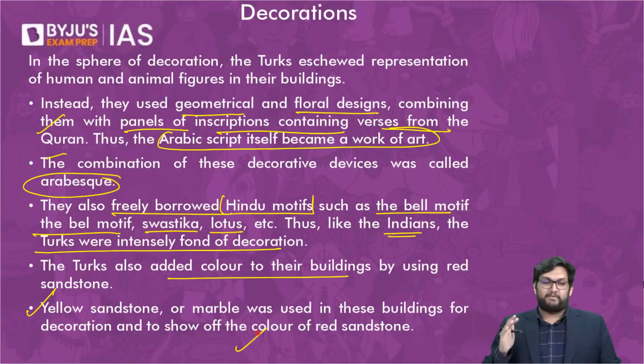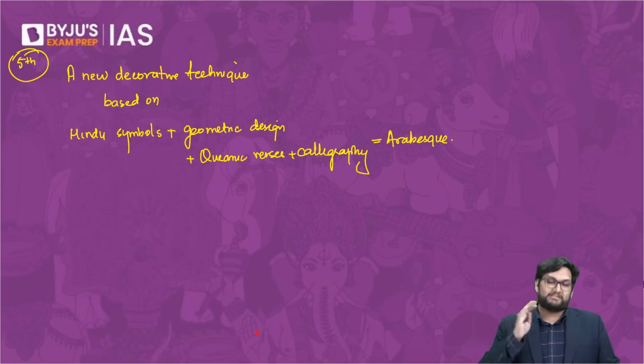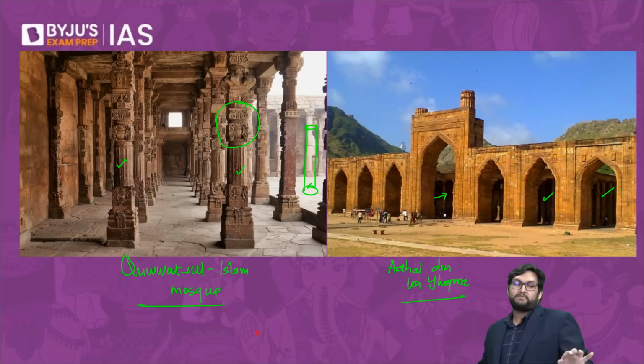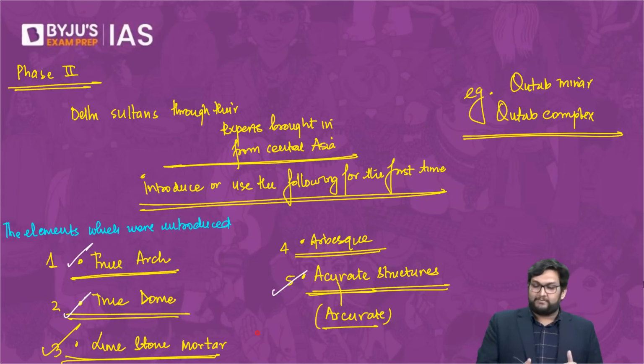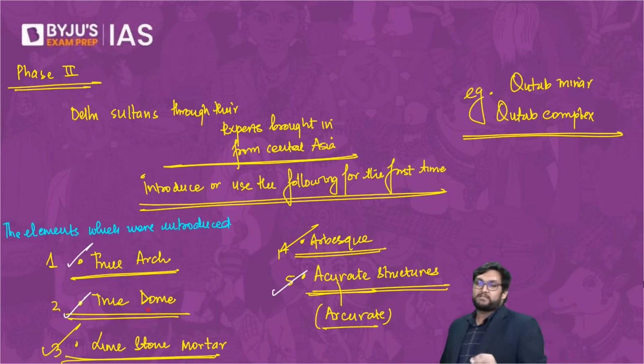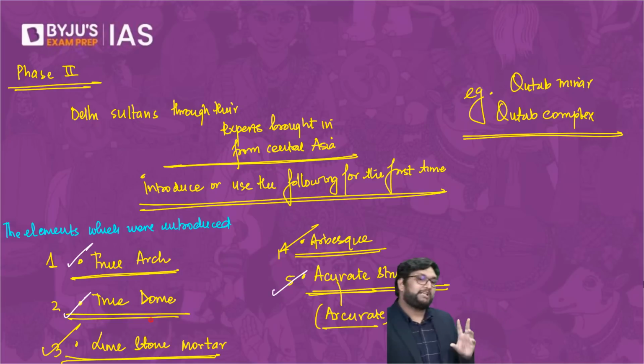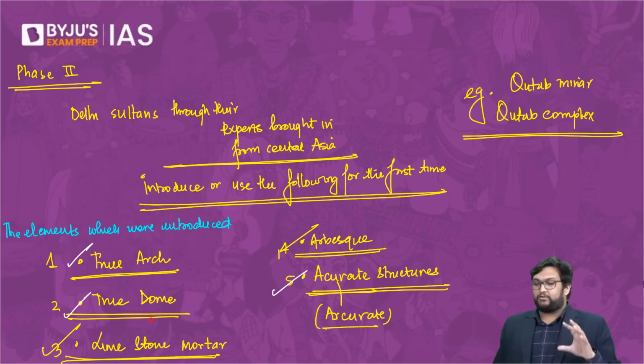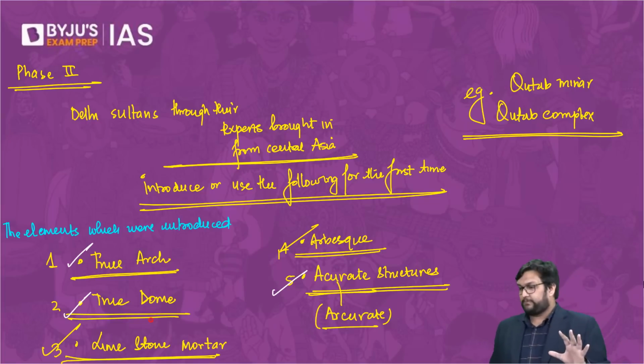Now, very simply, I showed you this slide. Phase 2 additions were true arch, true dome, limestone mortar, arabesque, and accurate structures. Does this make sense? Because then I will show you the examples of this. What do these 5 words now mean?